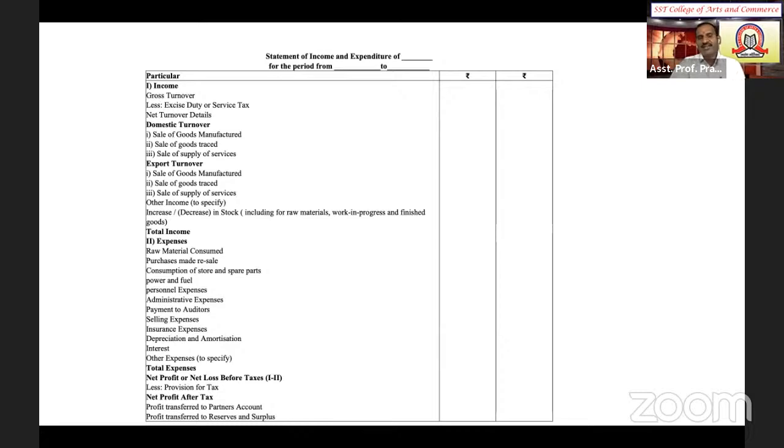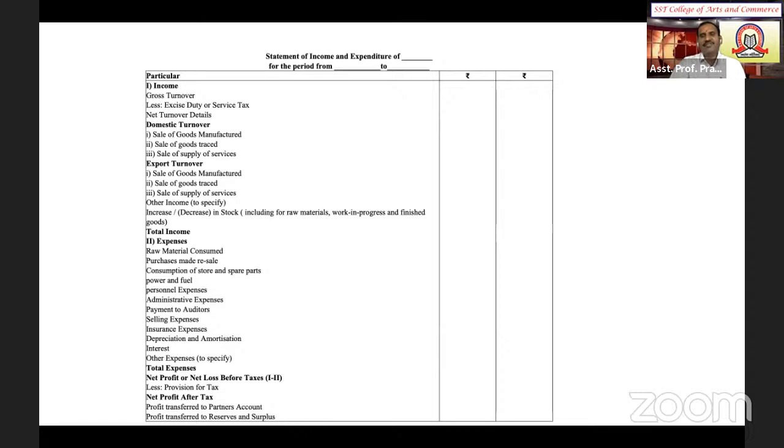So from your income minus expenses, you will get one profit or loss, that is called net profit or net loss before tax. From that net profit, you will deduct your provision for tax, then you will get net profit after tax. And if there is profit transferred to some partners, the remaining profit is transferred to reserves and surplus.